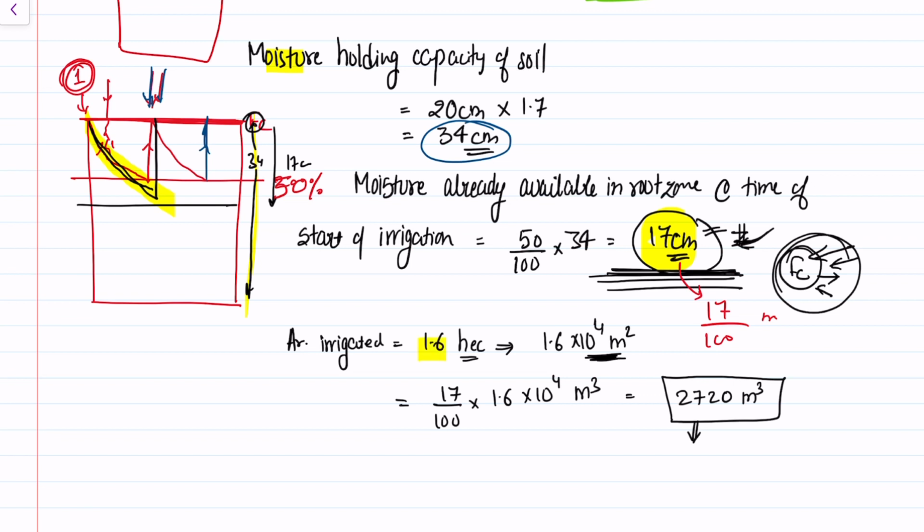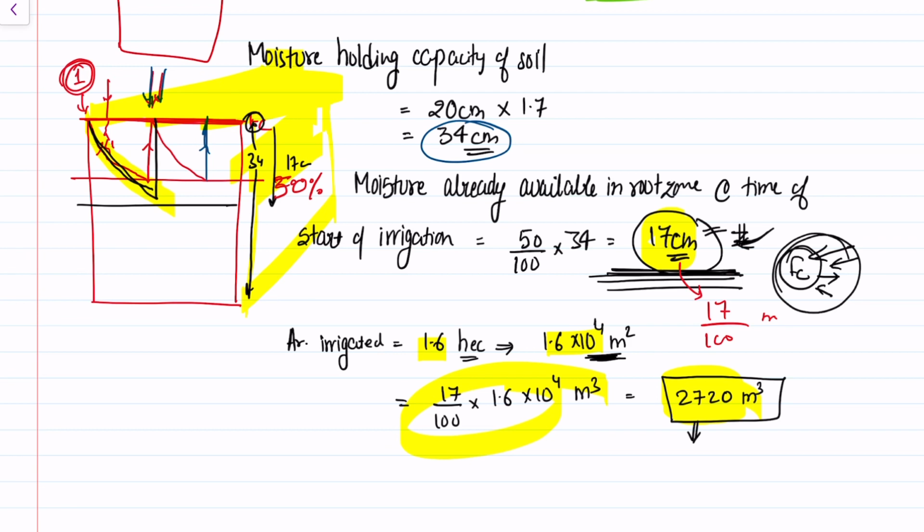For 1.6 into 10 to the power 4 meter square area, 17 into 1.6, so this is for the overall land area. So 2720 meter cube of water is required to bring the moisture content of the soil back to its field capacity, right?